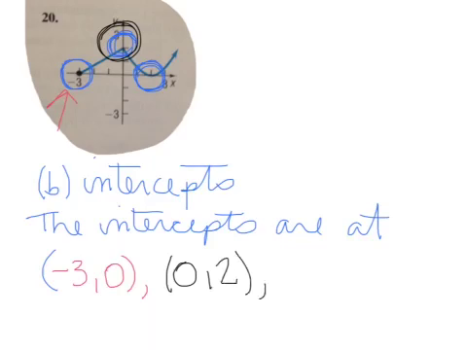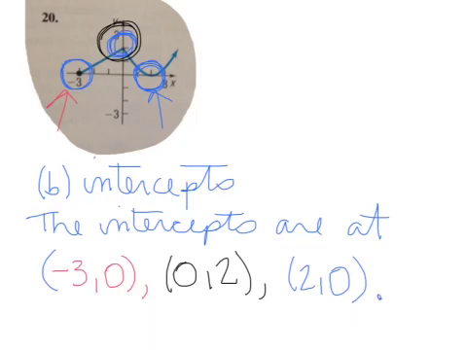And that's our y-intercept, and our third intercept, I'll put this in blue, is at 2, 0. I'm going to double check because I made such circles, so -3, 0, 0, 2, and 2, 0. Yep, so those look good.